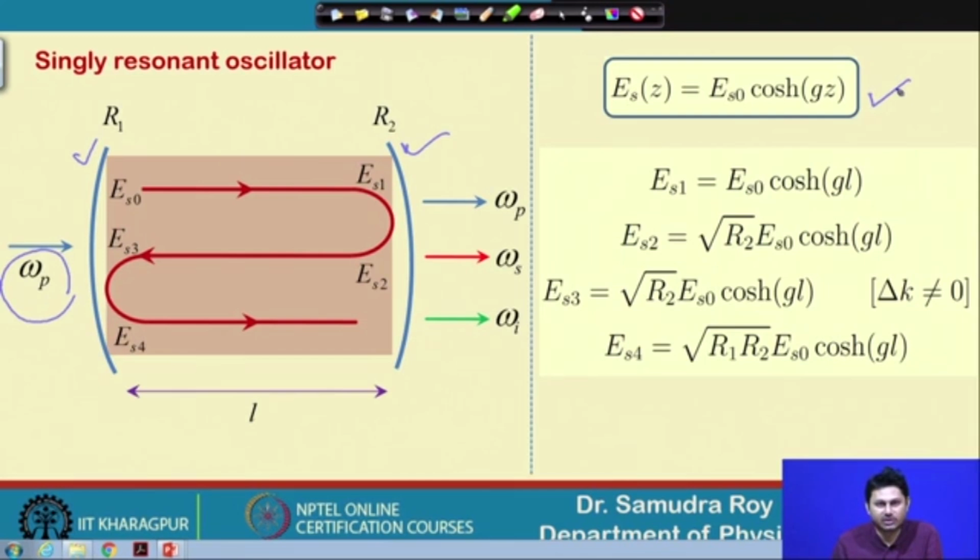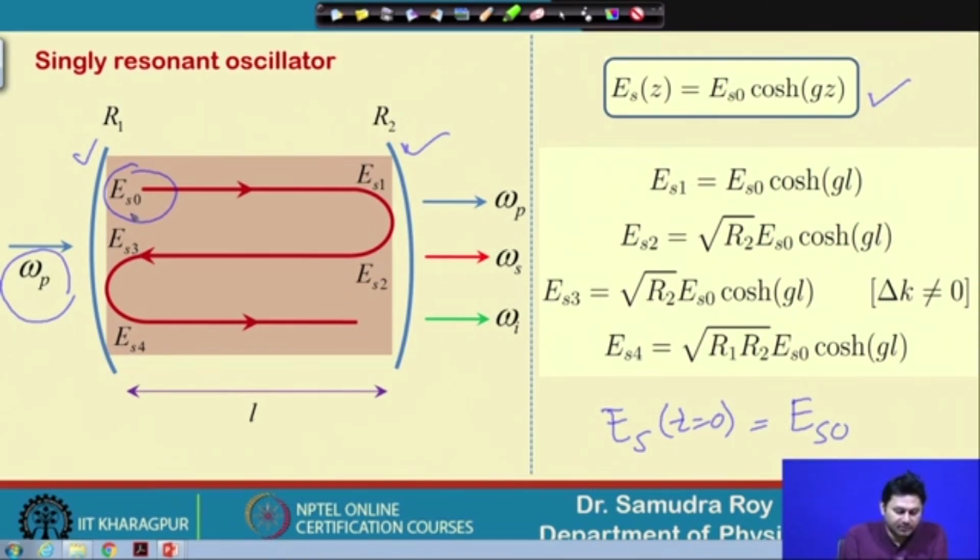This is the expression for the signal, and at this point the signal is Es0, that we know. So Es at z equal to 0 is Es0. This is our boundary condition, and we use this boundary condition.